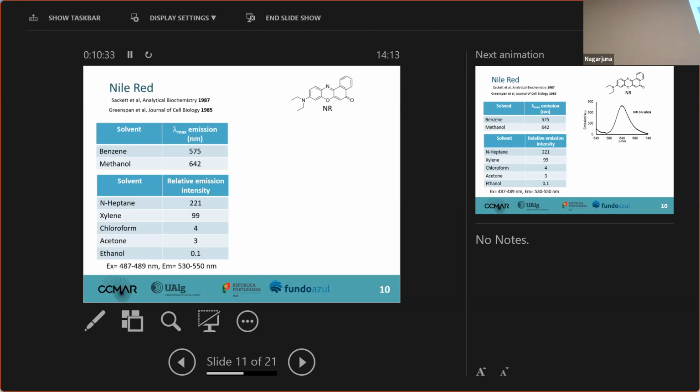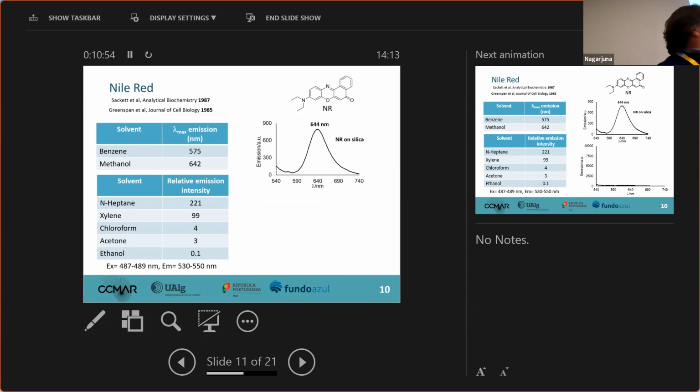But this is in solution. We want to see how it behaves in particles. So what we did first was to get the spectrum on silica. Silica powder looks like polarity, it should be similar to water. What we got is an emission with a maximum of 644. And on salt, look at this: very low emission, the salt surface is quenching the emission.